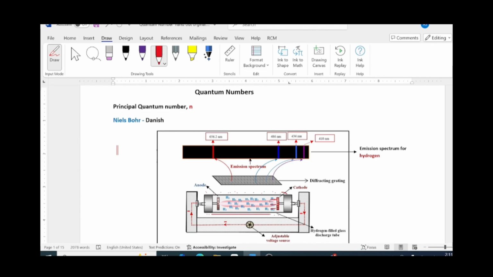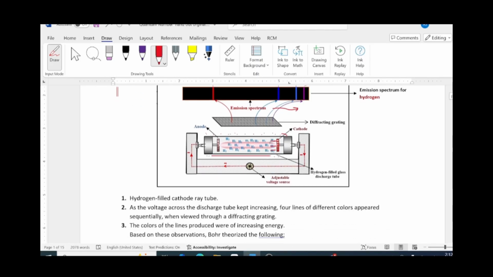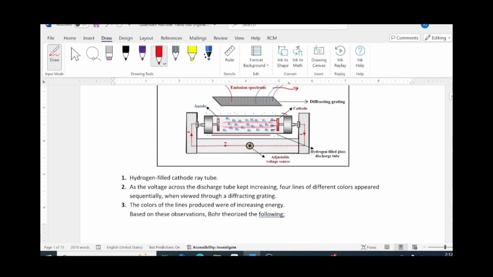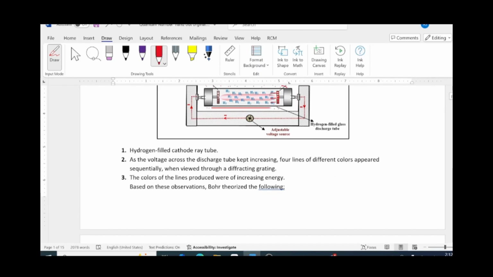Of course, we know as you move from left to right of the visible spectrum, the energy of the photons increases in that direction there. So as the voltage keeps increasing, photons of increasing energy were observed. Niels Bohr will use these observations to propose his theory of the model of the atom.